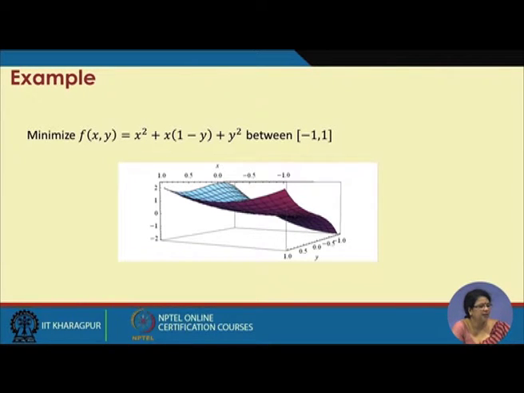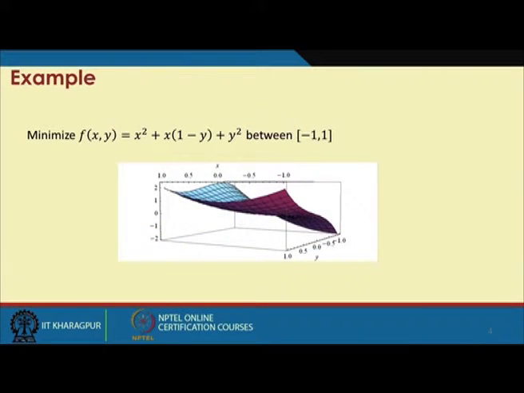Now, how can we find the solution for this problem? We need to find a local minimum. If you are interested in finding the global minimum, then you have to repeat the process by starting from different points within the range.